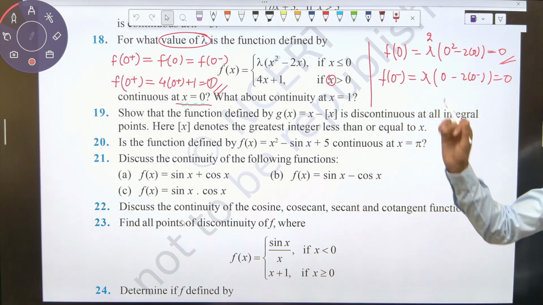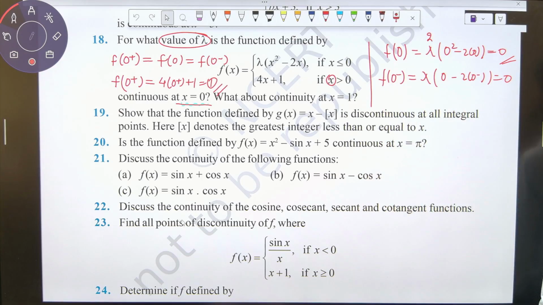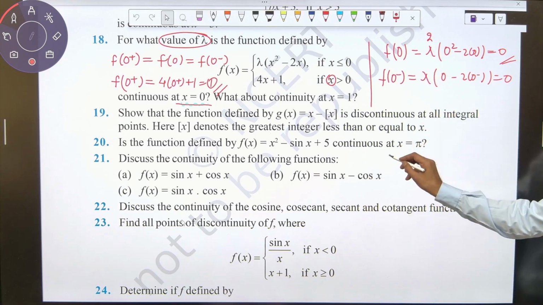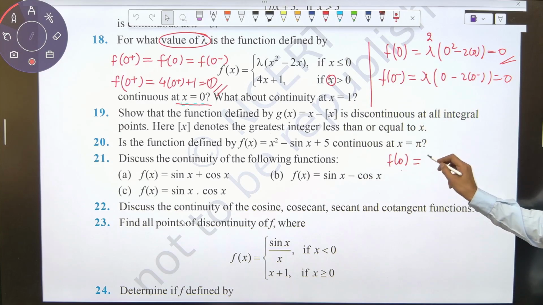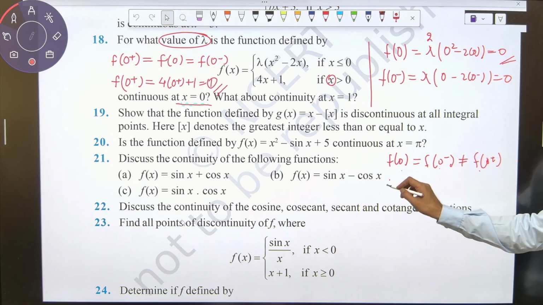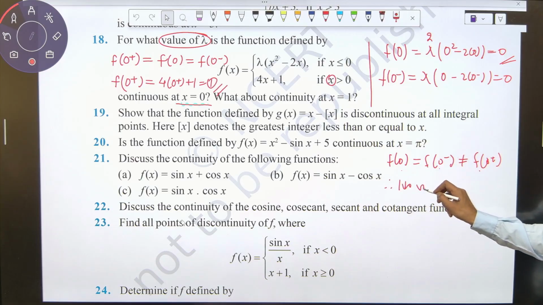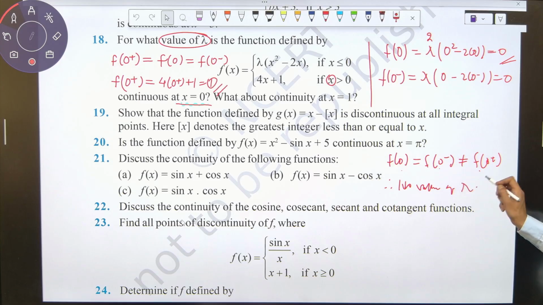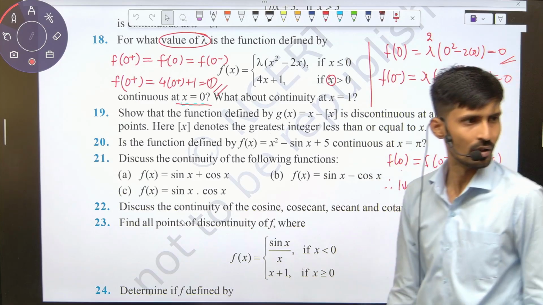It means that it is always discontinuous. So here we'll write: f of 0 is equal to f of 0 minus, not equal to f of 0 plus. Therefore, no values of lambda. Okay?